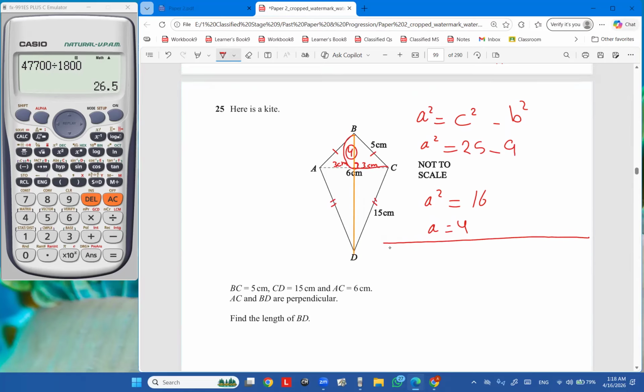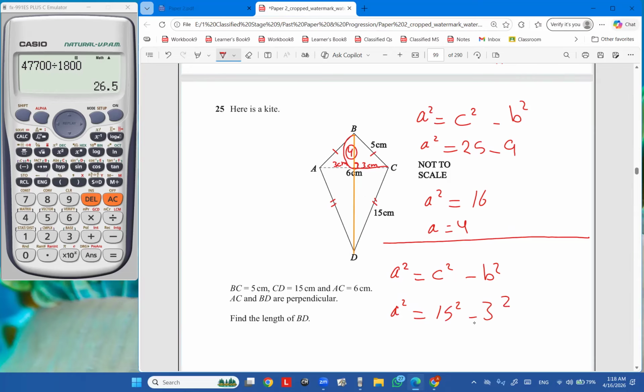All right. Following the same rule exactly, a squared equals c squared minus b squared. And I'm going to say a squared this time equals the c over here, which is the hypotenuse, 15 squared, minus the b over here, which is 3 squared. And you get the root of that.